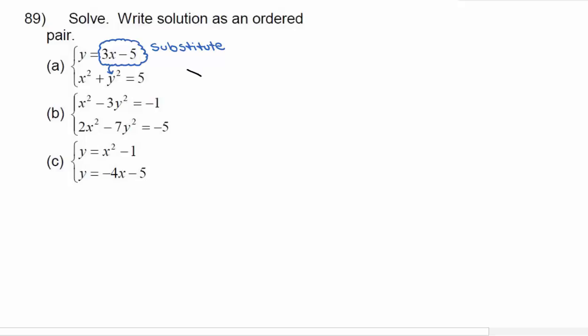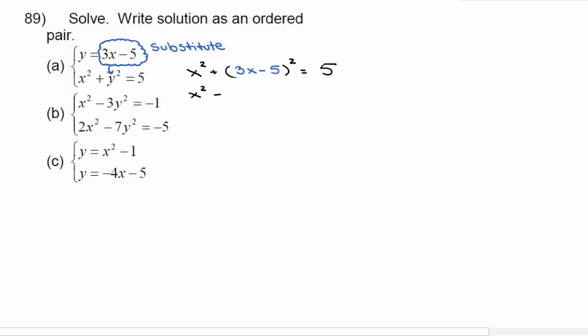Okay, this is a nonlinear system of equations. I can already tell that one of them is a line and the other one is a circle. So I could tell that it would probably have at most two solutions, possibly one, maybe none. We'll see. This is what I get when I substitute.